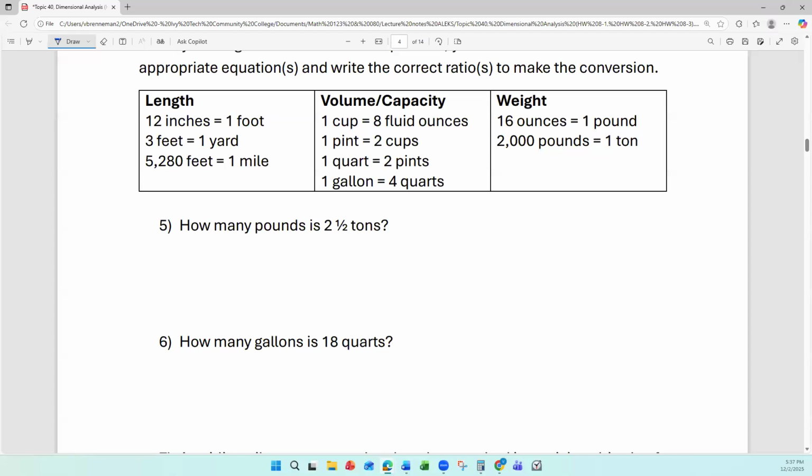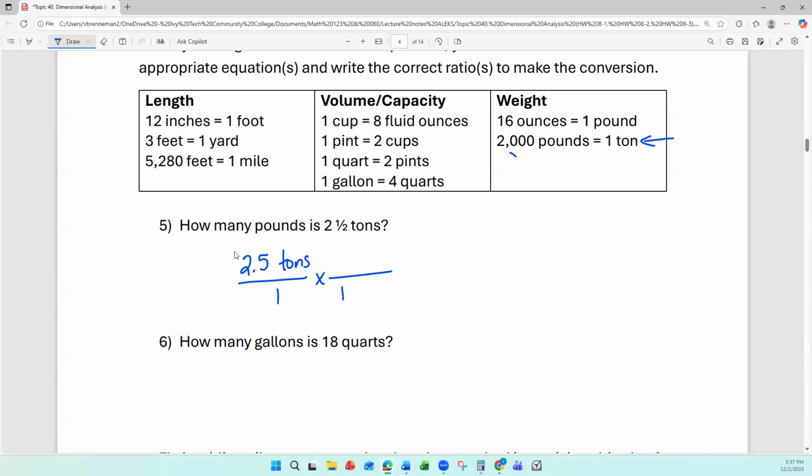So how many pounds is 2.5 tons? I start with the 2.5 tons. I'm going to go ahead and write that as 2.5, just because that's going to be easier to put in my calculator. Write that as a fraction over 1 if you want. You don't have to write the over 1. But I'm looking for a conversion factor that has tons. Hopefully that has tons and pounds, but at least it has to have tons to begin with. And that's over here. 2,000 pounds equals 1 ton.